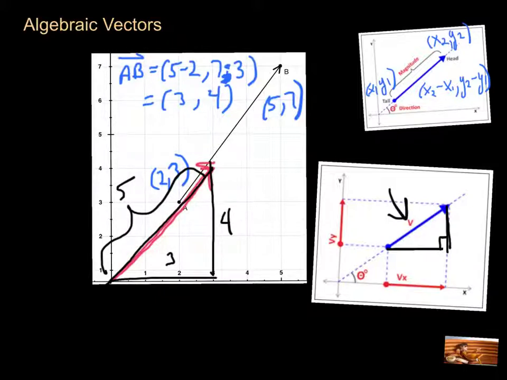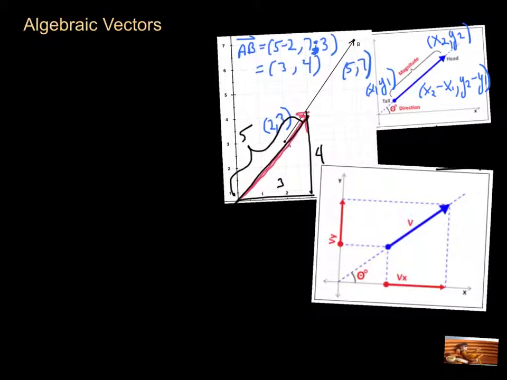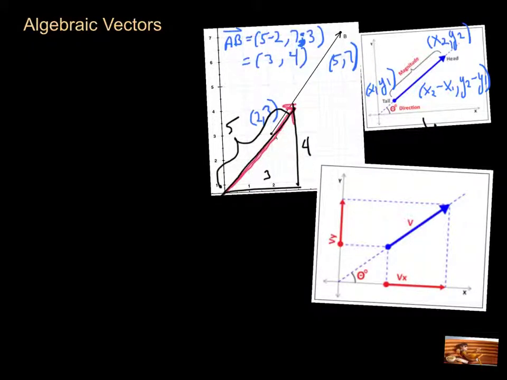How do I know that? Well, I'm just using my Pythagorean triple. I know that 3, 4, 5 is a Pythagorean triple, but let me show you how it works out. So we have x squared plus y squared equals z squared. From here on in, actually all the time, I use z as my hypotenuse because that's the next letter. Well, if our x is 3, I have 3 squared.